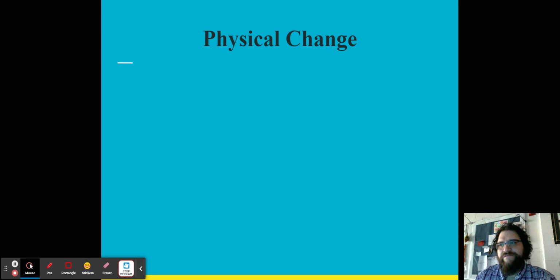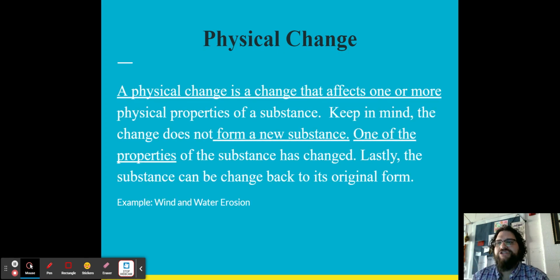So a physical change is a change that affects one or more physical properties. What it does not do is create a new substance. What we saw in the conservation of mass lab were not physical changes because we ended up with completely new substances. It is just that a property has changed within that object.